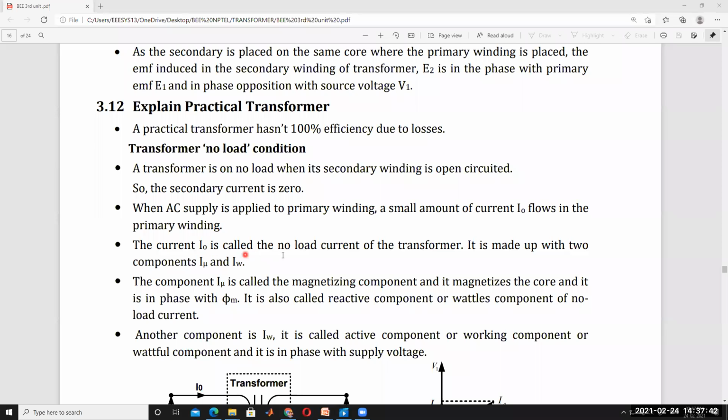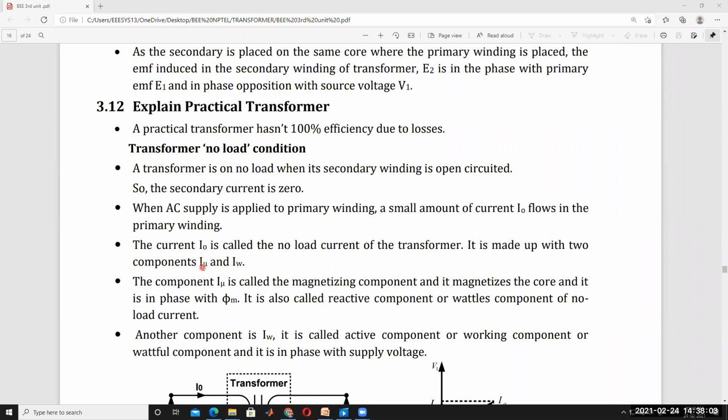The current I0 is called the no load current of the transformer. It is made up of two components, Iμ and Iw, that is the magnetizing current and the wattful component. The magnetizing component is because of the inductive winding, and the wattful component is because of the winding resistance.